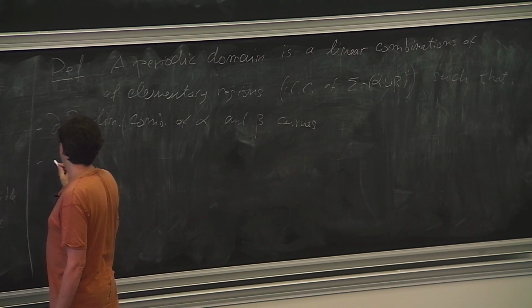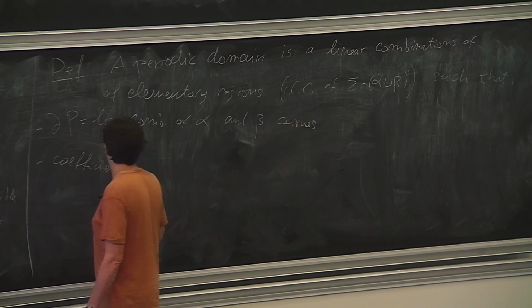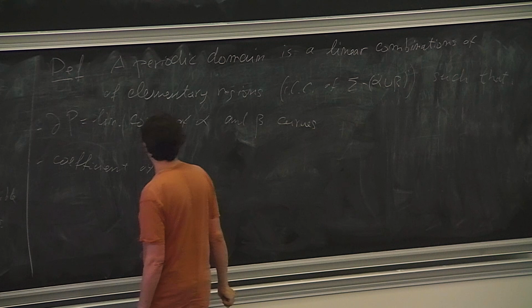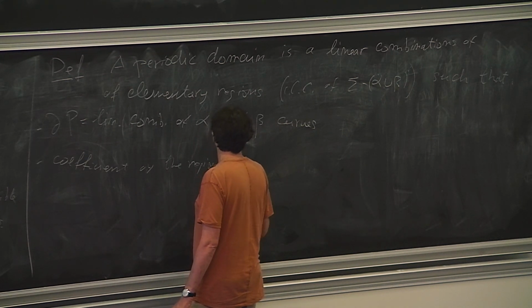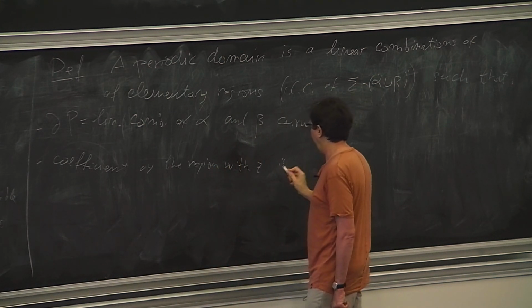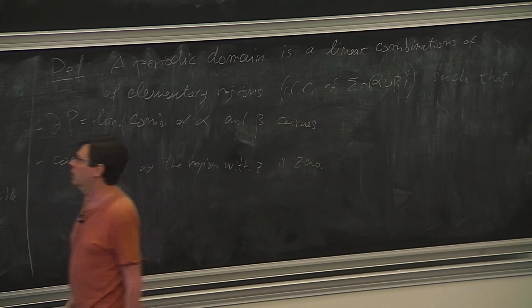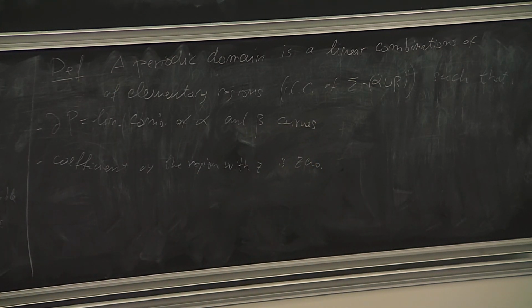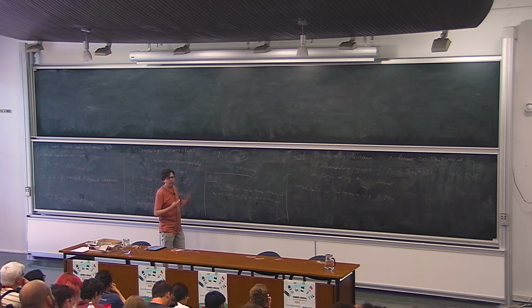And the second is that the coefficient of the region with z, so with the base point, is 0. So usually to make a diagram admissible, you have to make it complicated in some good way.